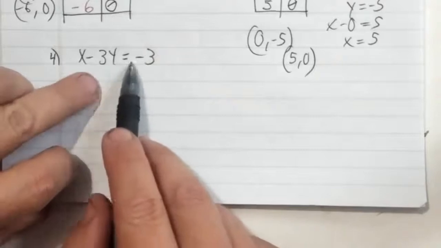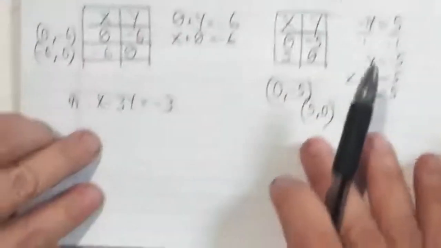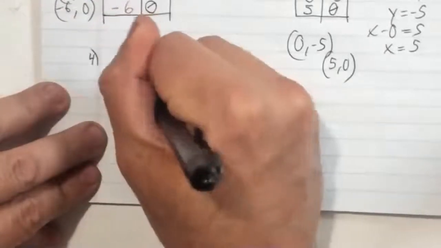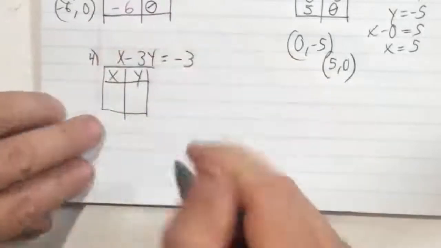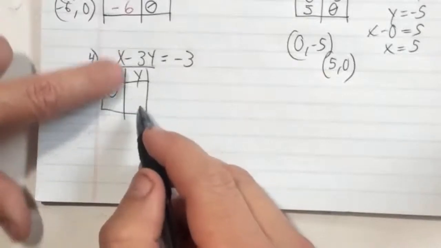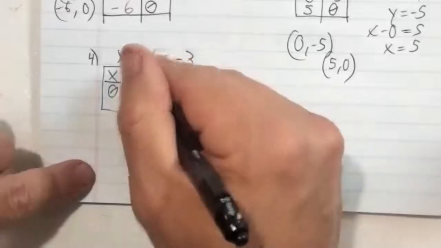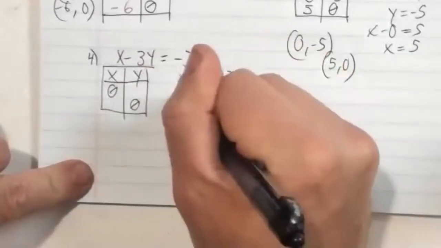Before, we didn't have coefficients attached to these, and now we do. That's okay, because we're still going to use our intercepts. In other words, we're still going to solve for when x is 0, and we're still going to solve for when y is 0. It's just a little bit different if I have x minus 3y equals -3, and I put 0 in for x.